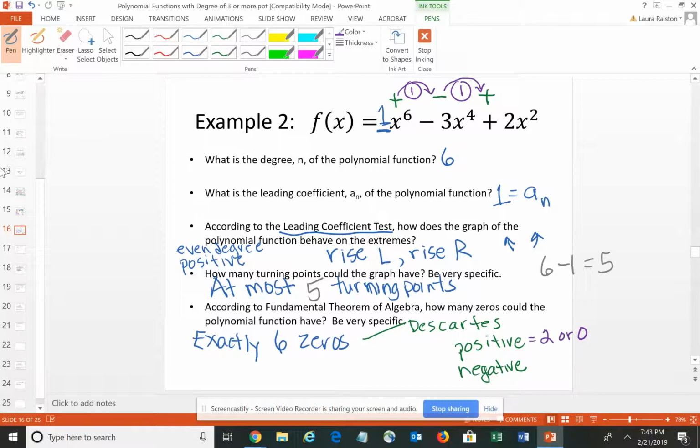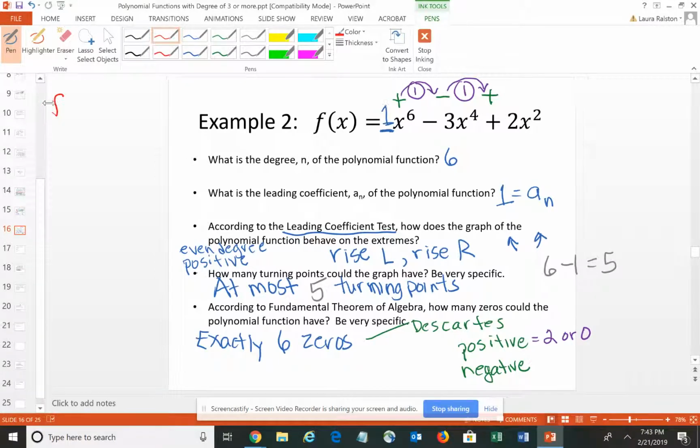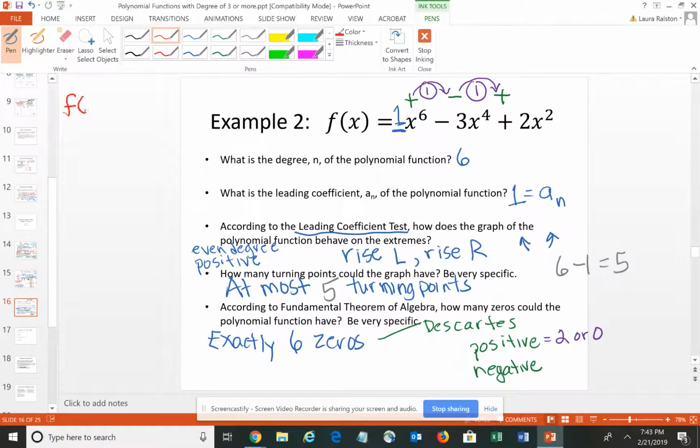To decide whether or not I'm going to have negative zeros, remember you have to substitute negative x into the original function. So I would have negative x to the 6th minus 3 times negative x to the 4th plus 2 times negative x squared.